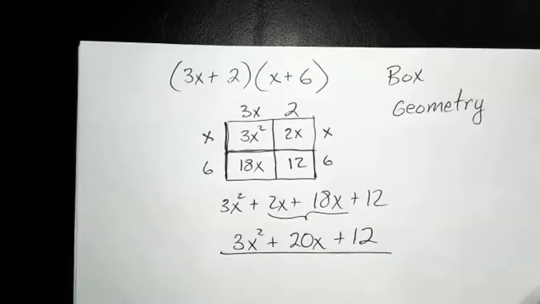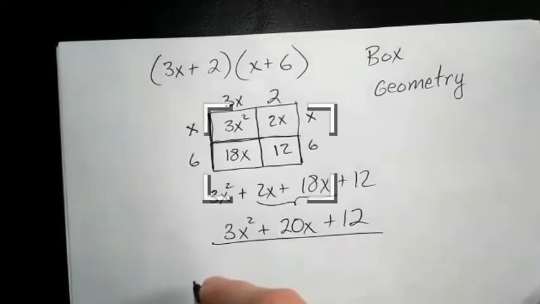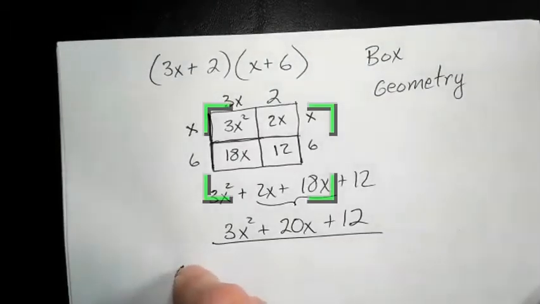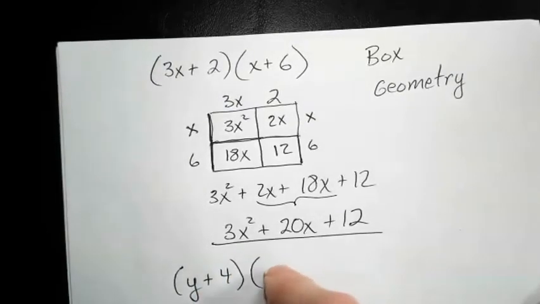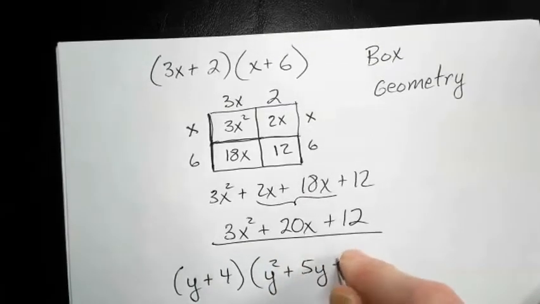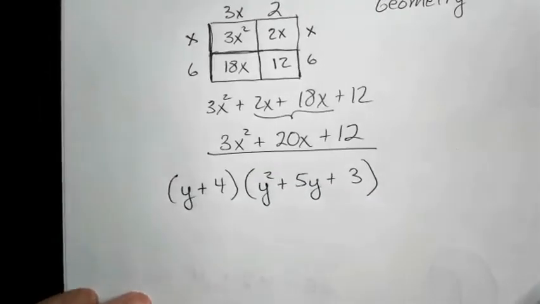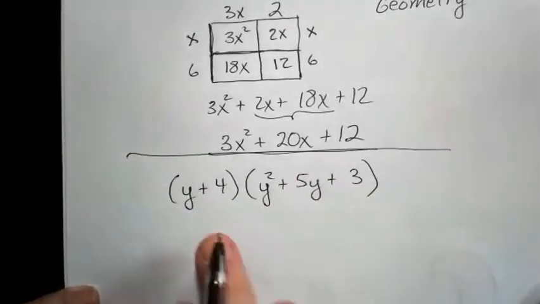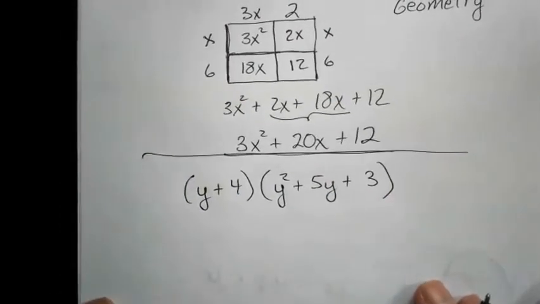Now, this is nice. It's a little better than FOIL because this can work for trinomials as well. I'll show you what I mean. Okay, so this time, say I have a binomial times a trinomial.